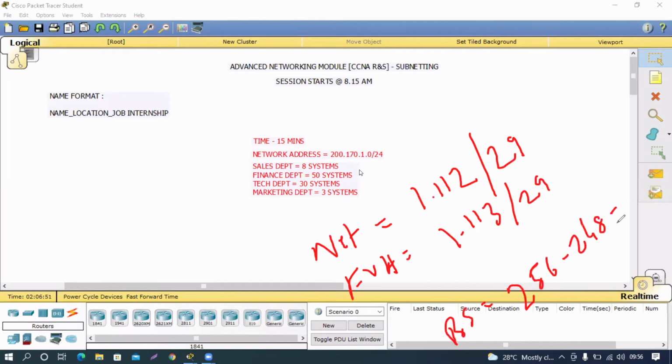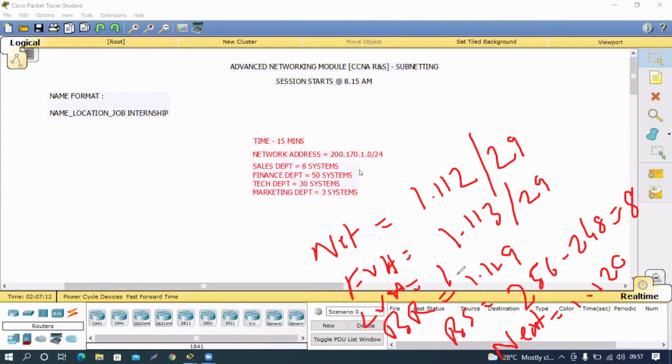Then your next subnet will be 8 plus 112, that is 1.120. So your broadcast address will be 1.119, and your last valid host address will be 1.118.